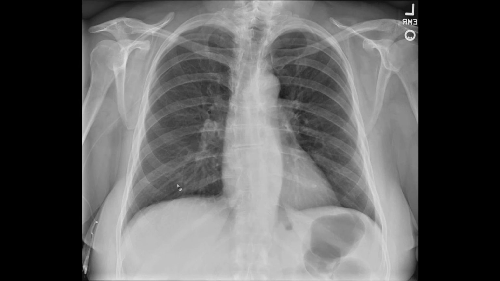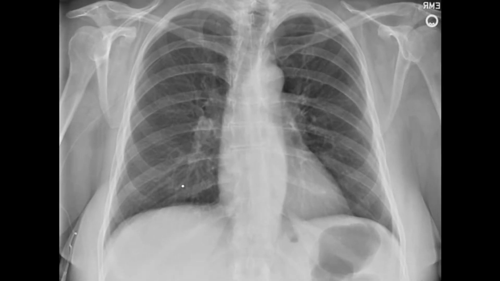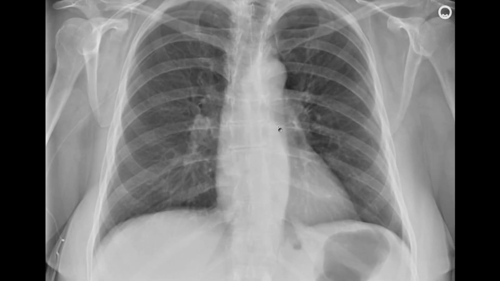Because I could tell from previous exams that the patient had had quite extensive imaging of the lumbar spine. And I noticed something, and then we began to look some more. So here's the finding. There is an abnormal mediastinal lung interface on the left side of the thoracic spine, which is quite large and quite extensive.